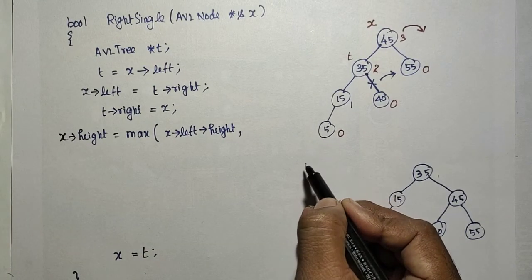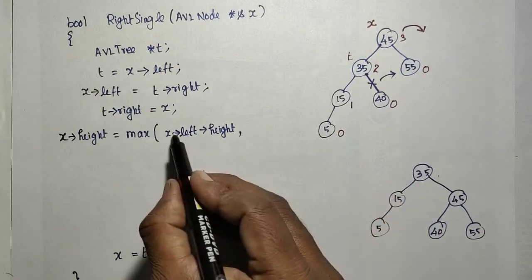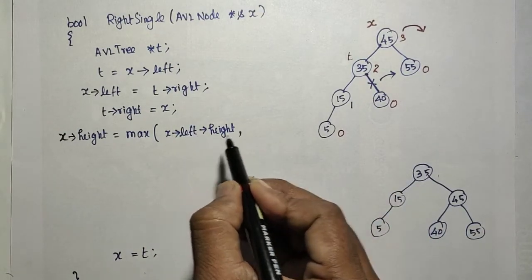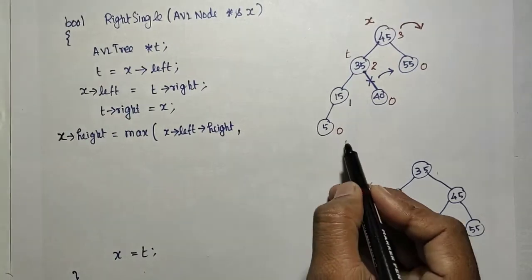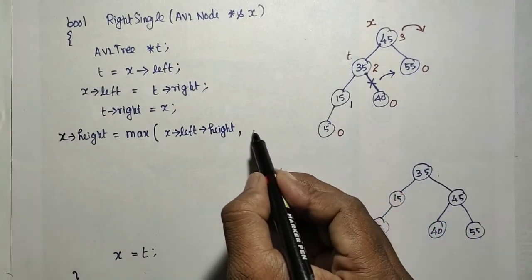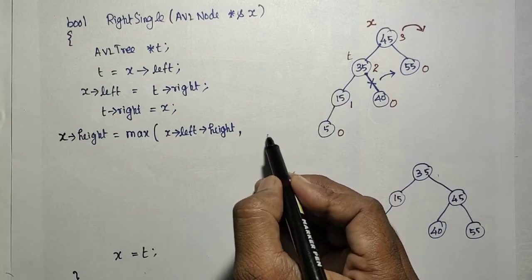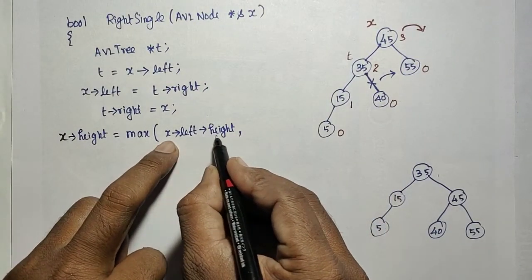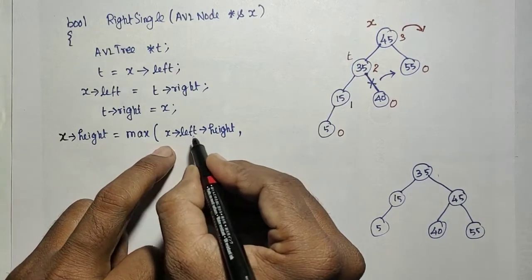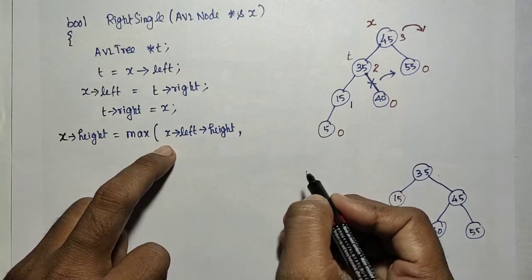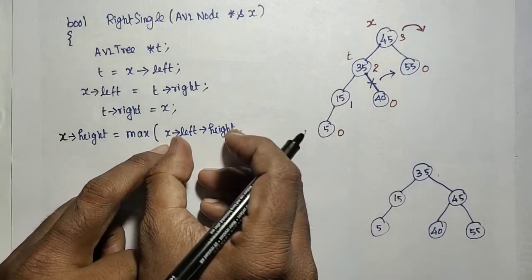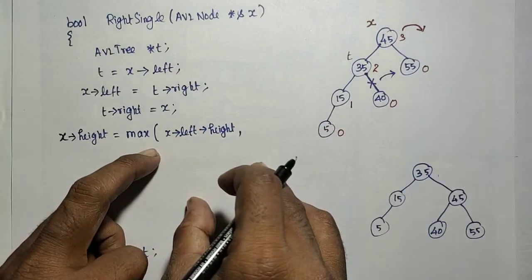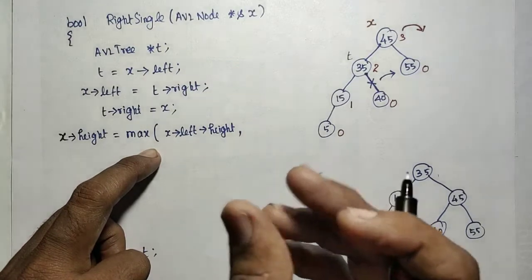So if x of left equals null, here -1, comma, and then x of right equals null, here -1. Like that we have to get. Simply writing x of left of height will be a problem when x of left is a null. So for obtaining the height of a particular node, even if it is a null, we need to return -1.